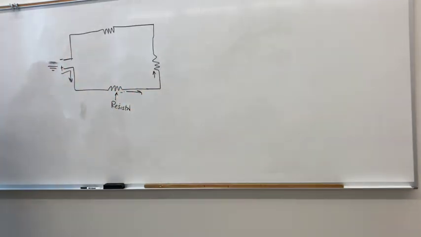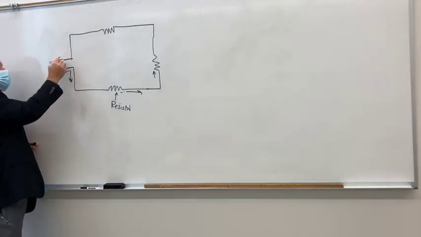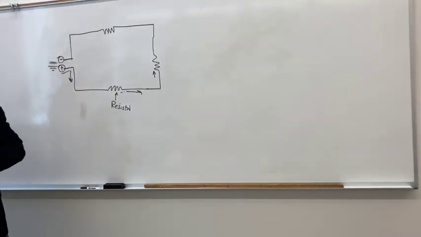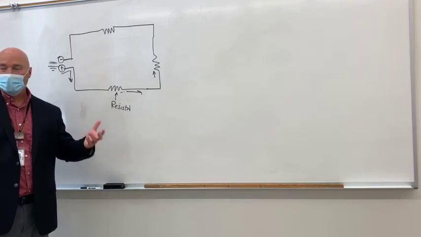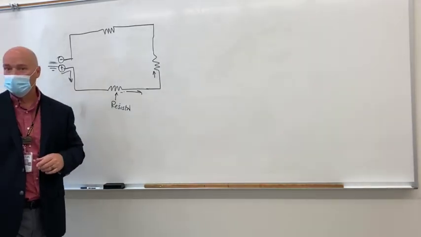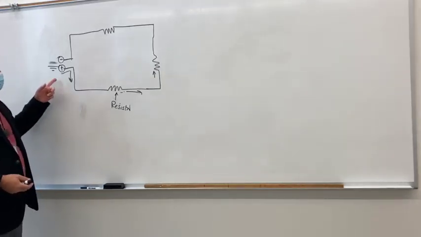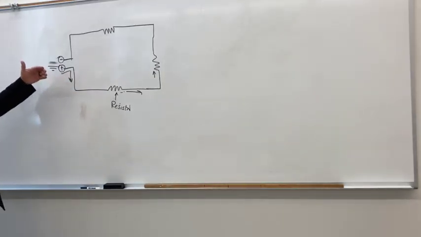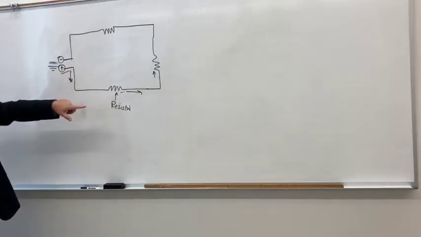Now backing up, your batteries, the terminals seem to be opposite from what we're talking about in flow of electrons. So flow of electrons is flow of negative charges, right? Electric circuits are a little bit confusing in that the positive side is where the flow of electricity comes from.